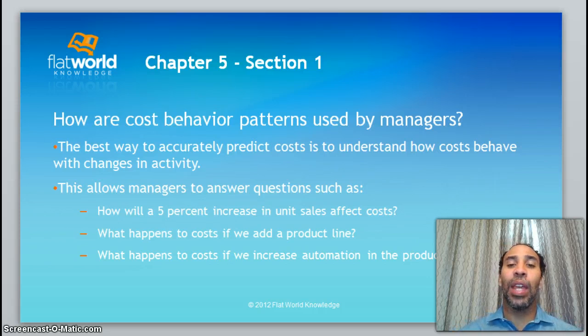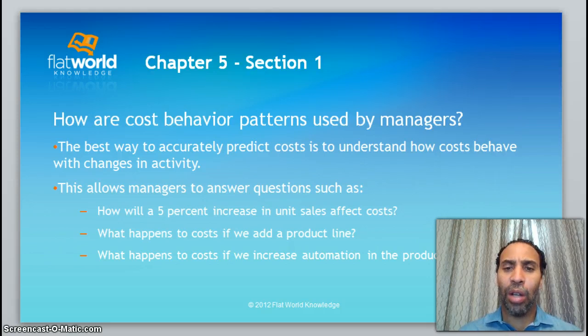This allows managers to answer questions such as, and these are definitely questions that managers within customer service, claims, production, and procurement departments would have: how will a 5% increase in unit sales affect costs? You can't just say it's only revenue or profit coming in. It doesn't work like that. In order to make money, you have to use money. If you want to make more products, you have to use more money before you sell those actual products.